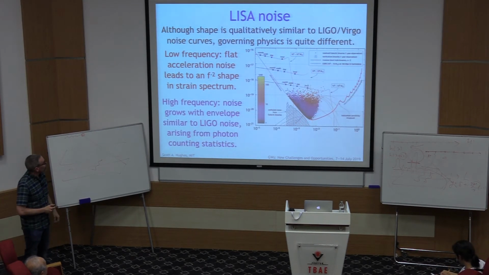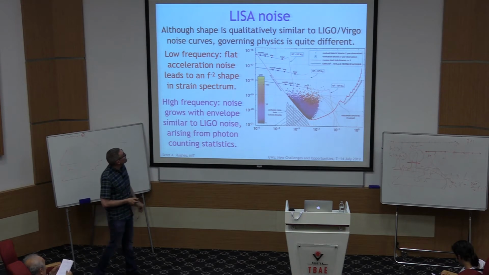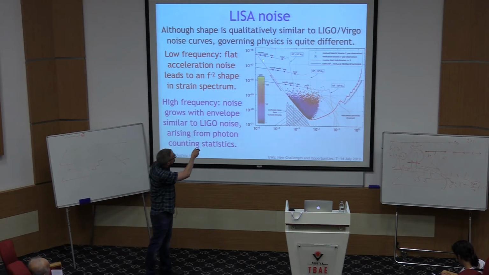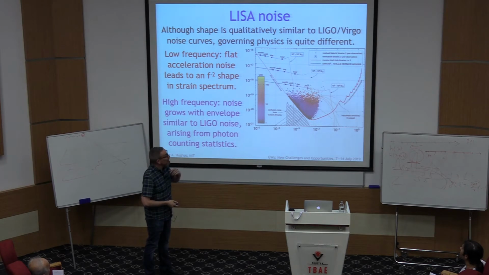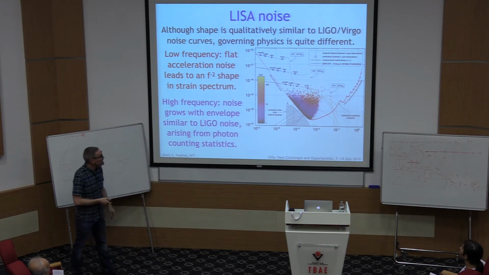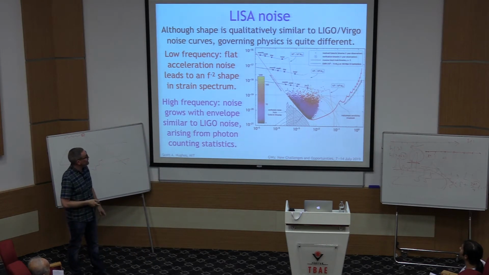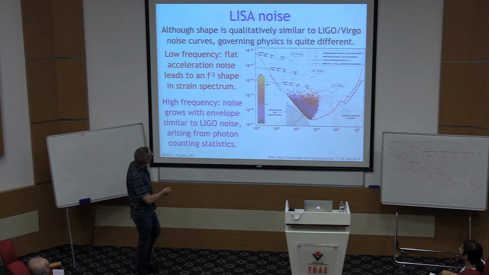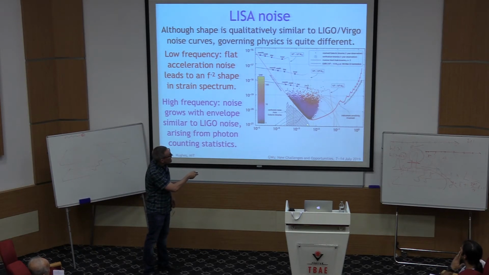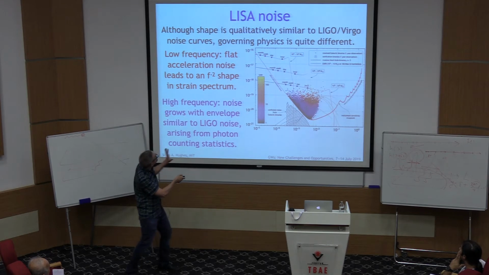So let's look then at what the projected noise budget is likely to be. Here, this red curve is the equivalent of the noise curve for LIGO we've been showing you. That's a spectral density of noise that is expected for LISA measurements. Now at high frequency in a band that looks right about like this, actually let's do low frequency first.